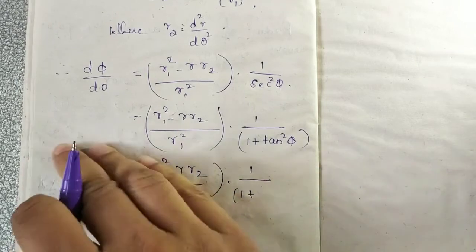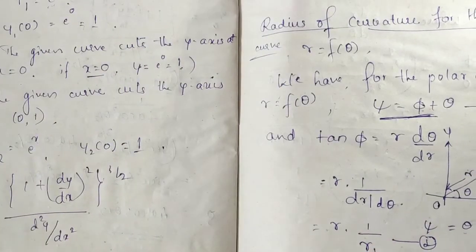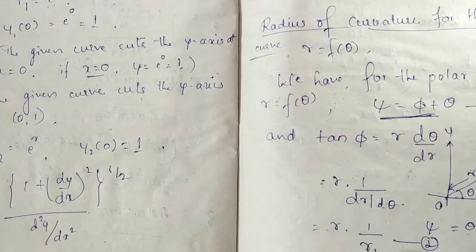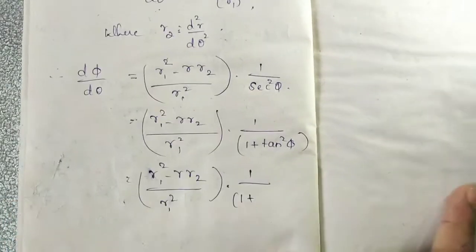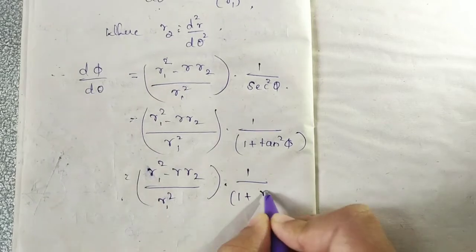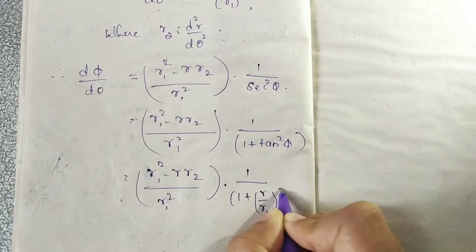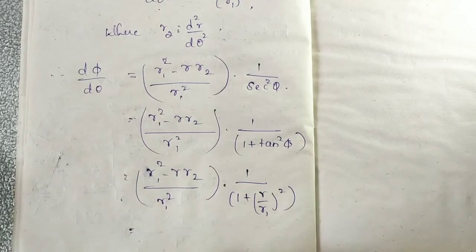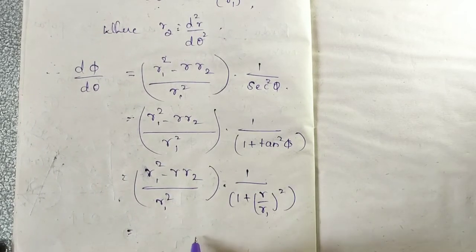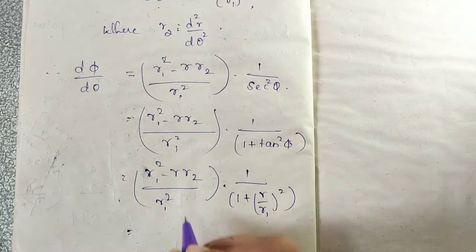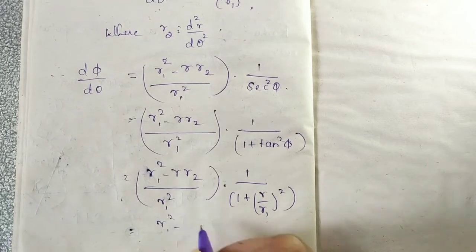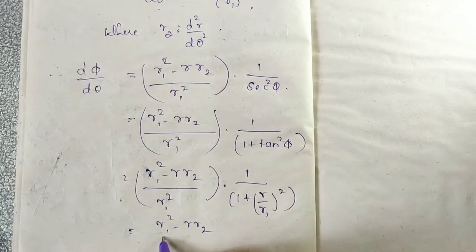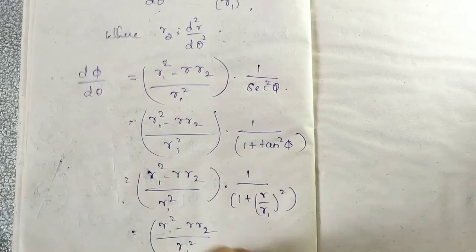We know the value of tan phi. The value of tan phi is r divided by r1. Right? So 1 divided by 1 plus r divided by r1 the whole square. Again, can be written as r1 square minus r into r2 divided by r1 square.